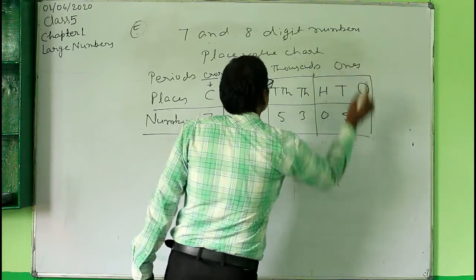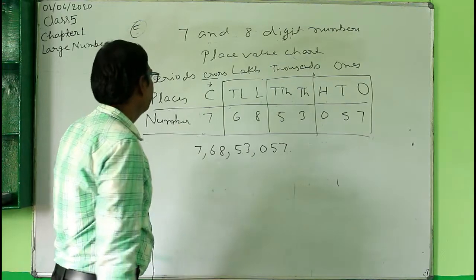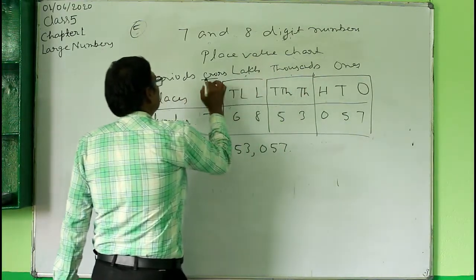Ones period, thousands period, lakhs period, and crores period.